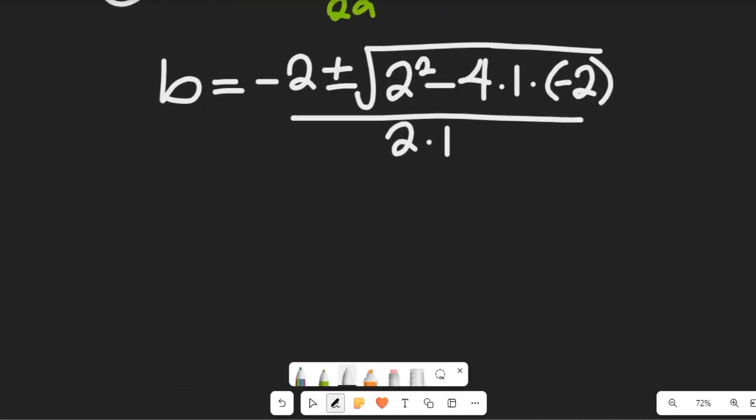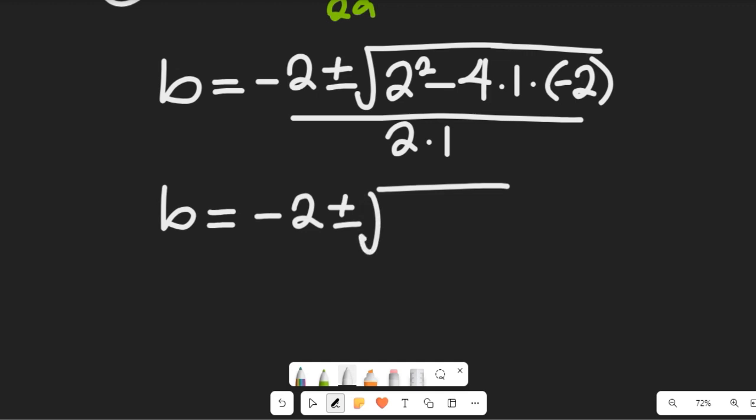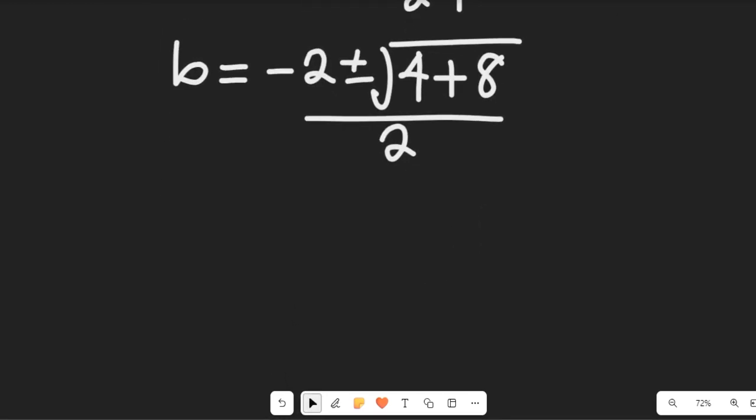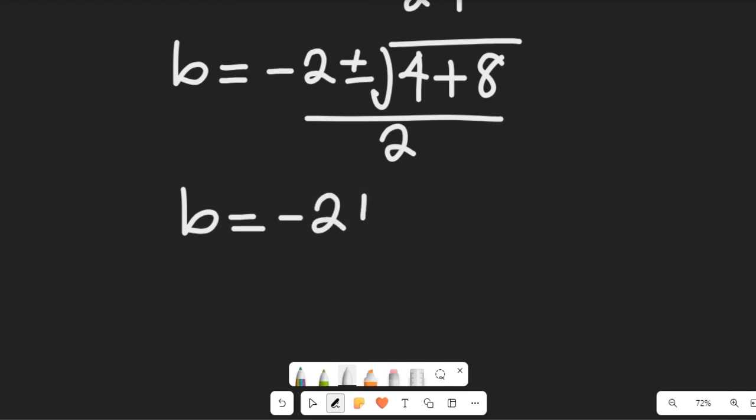Now the value of our B will be equal to negative 2 plus or minus the square root of 2 squared, which is going to give us 4, minus times minus will give us plus, 4 times 2 will give us 8, and all this will be divided by 2 times 1, which is 2. So the value of our B will be equal to negative 2 plus or minus square root of 8 plus 4, which is going to give us 12, right? And this will be divided by 2.